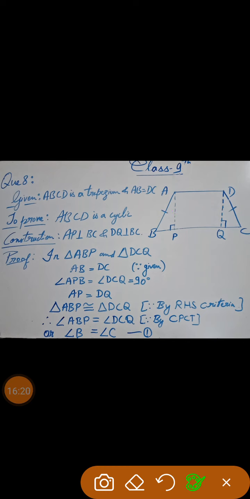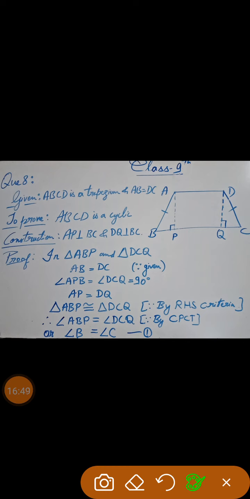The second thing, angle APB, this one, and angle DQC, not DCQ, it is written by mistake, make it correct, it is DQC. So both are equal to 90 degrees. How are these equal? We drew perpendiculars, so both are 90 degrees.